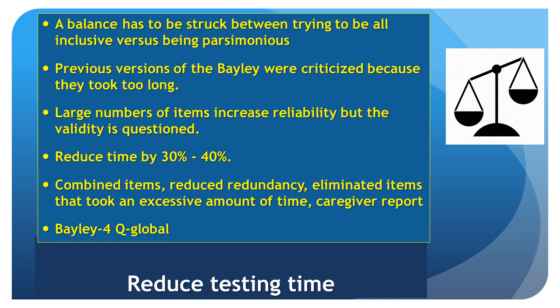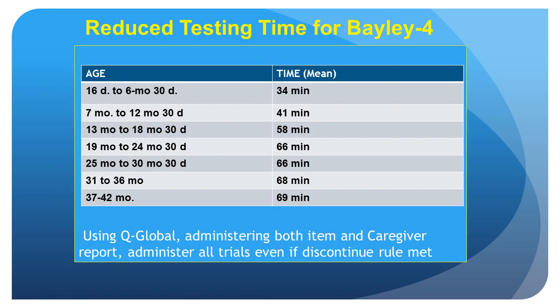And the Bayley-4 View Global, I think, was the key to reducing the administration time. These are the administration times from the Bayley-4 Global. From 16 days to 6 months, 30 days, 34 minutes.